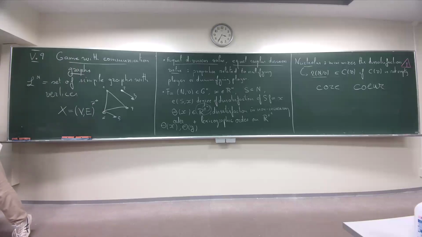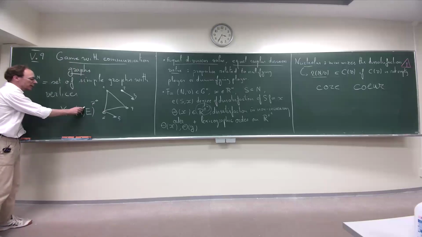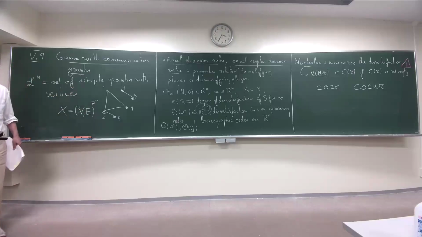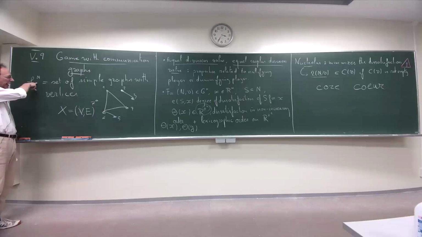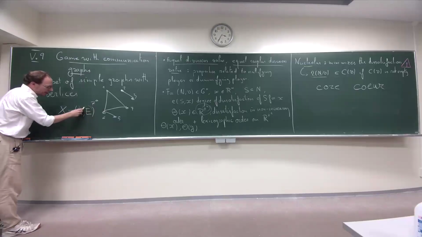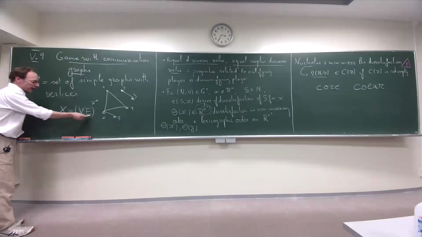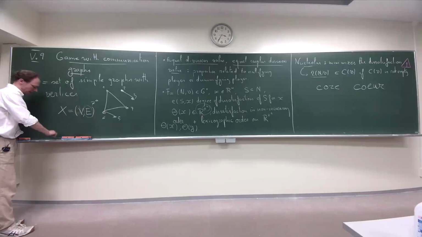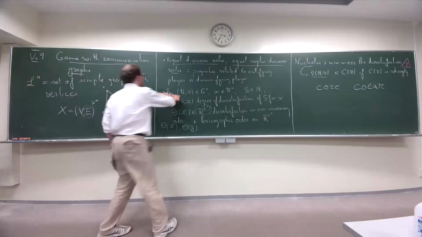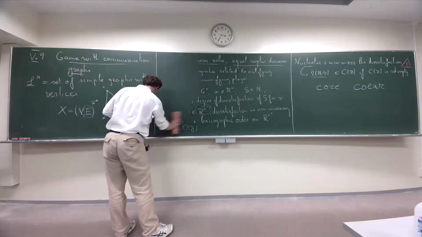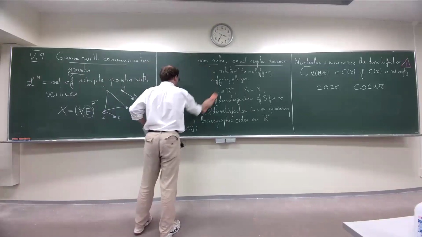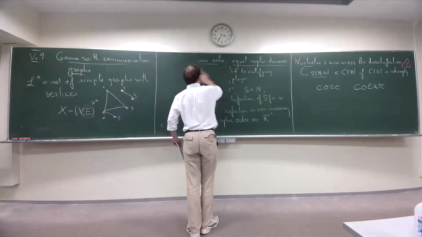We can forget it simply because V is always going to be n vertices. So if I take a graph in Ln, it's completely defined by this set E. So you will see in the notation, I will keep only E and forget V. And this shouldn't be confusing. So these are simple graphs of n vertices.